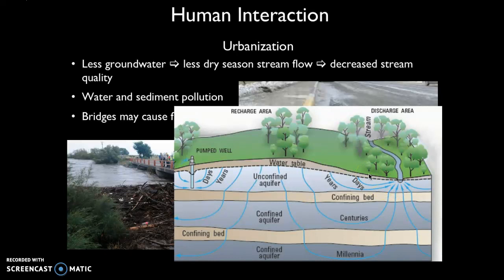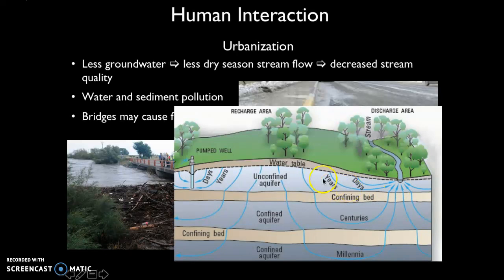Another thing that can happen is that there can be water and sediment pollution. Many times the groundwater serves as a kind of cleaning service for the water. Not the groundwater, but the ground itself is a cleaning service to the water. So the water will travel through and infiltrate into the ground, and as it does so, it will basically clean itself out and then flow into the stream as clean water.